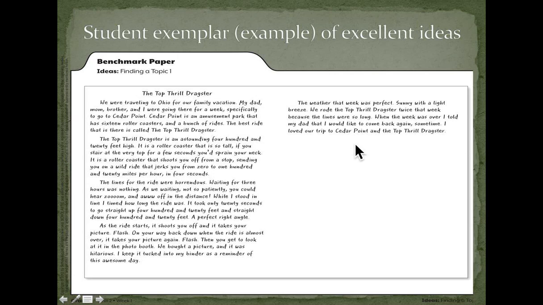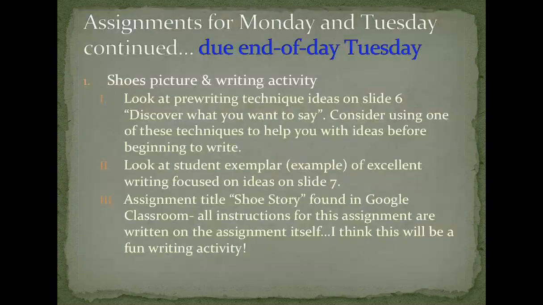This is a real paper that a student wrote. Gives you some ideas of the writing process and excellent ideas. And then finally it says, assignment title, quote, shoe story found in Google Classroom. All instructions for this assignment are written on the assignment itself. And I think this will be a fun activity.